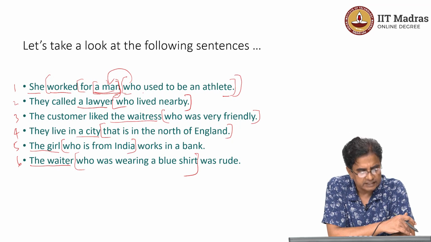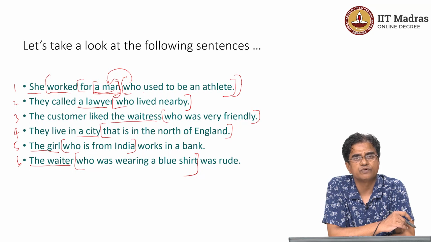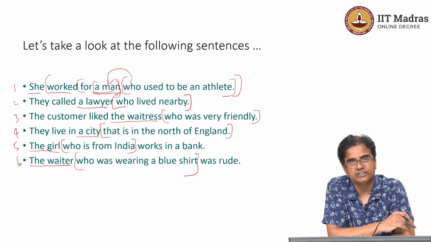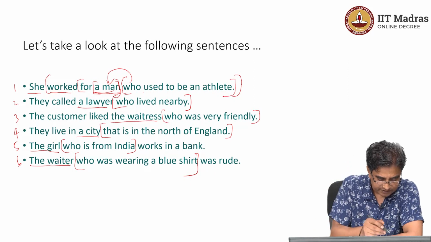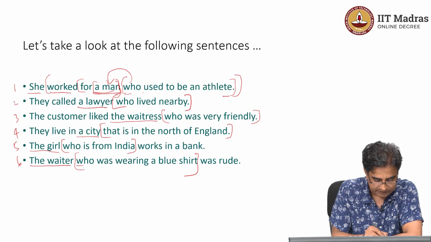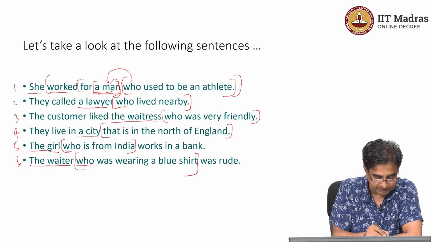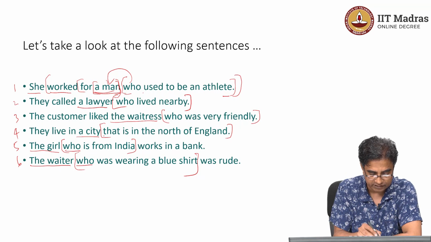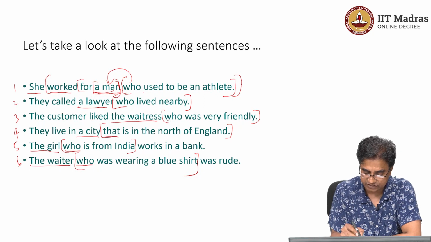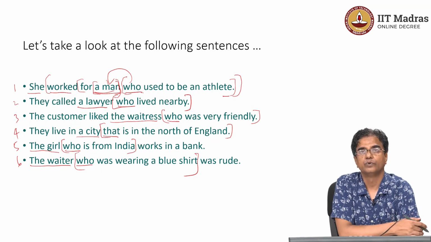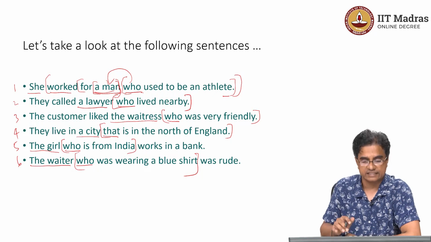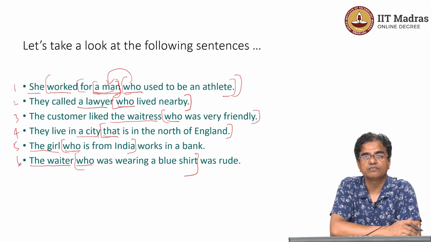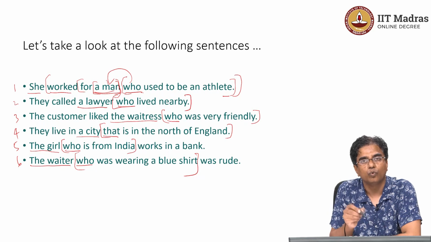We observe that in each one of these examples so far, a total of 9, every relative clause begins with a word like this, who. In this sentence also we see who, in this sentence we see that, in this sentence we see who, in this sentence also we see who, in this sentence we see who. So, in all these 6 sentences, we find relative clauses which begin with who.